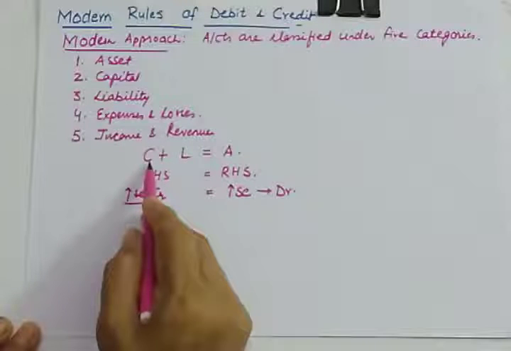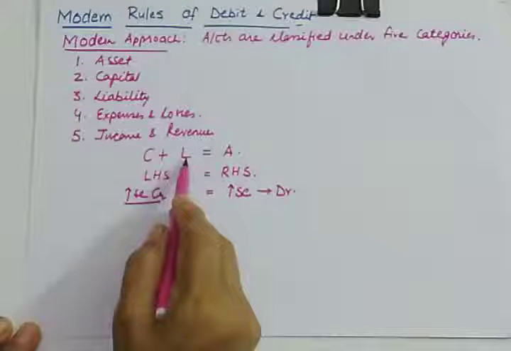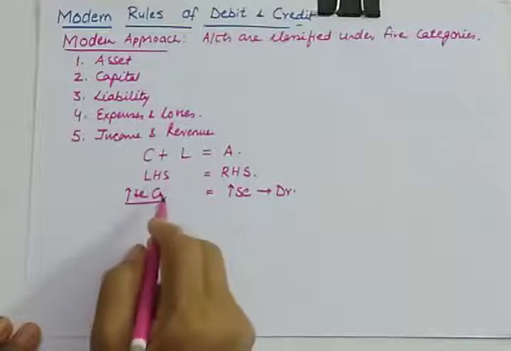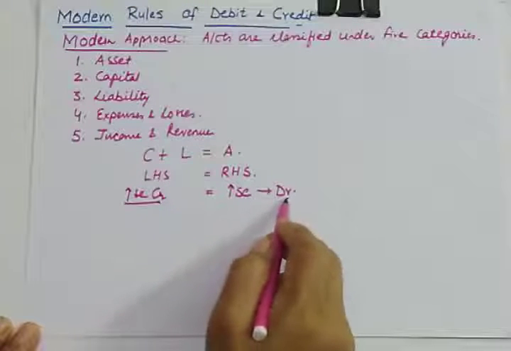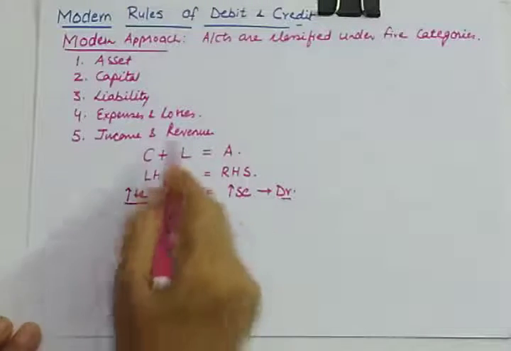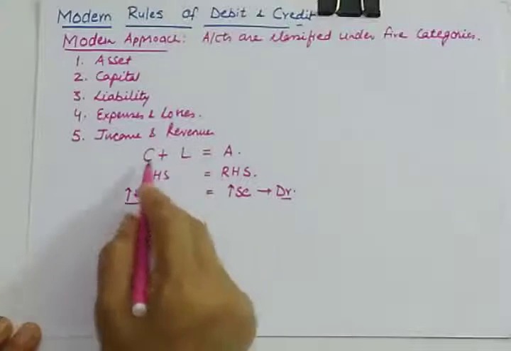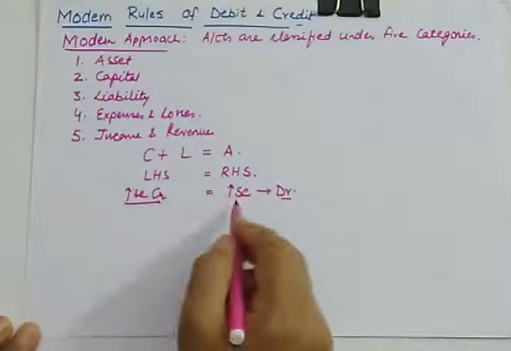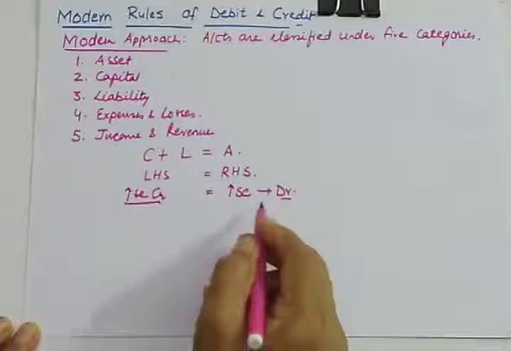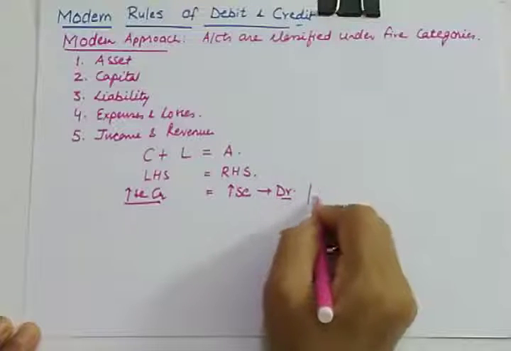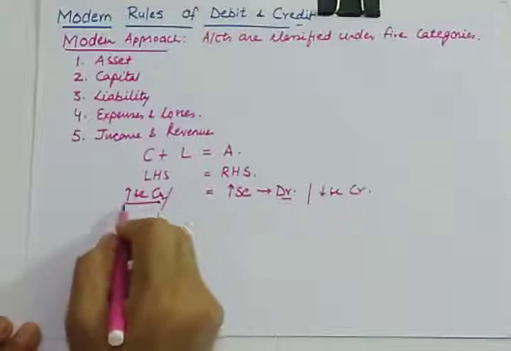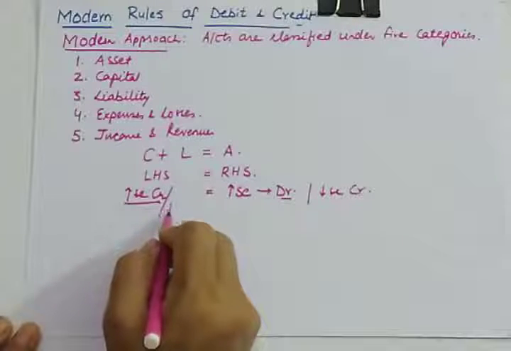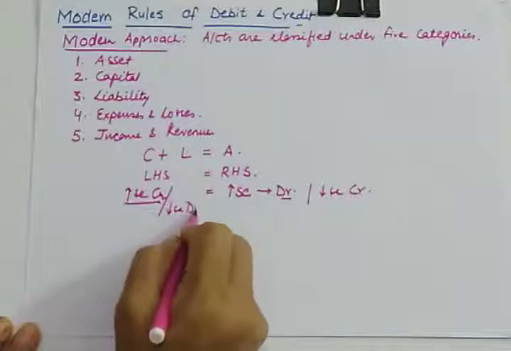Internal liability towards the owner, external liabilities towards the outsiders. So an increase in liability here will be credited and an increase in assets will be debited. If you observe this, we have framed 3 rules. If increase is debited, then decrease will be credited, and likewise if here increase is credited, decrease will be debited.